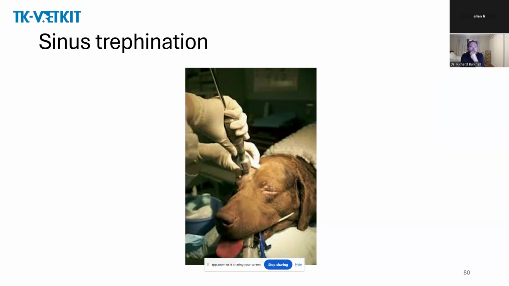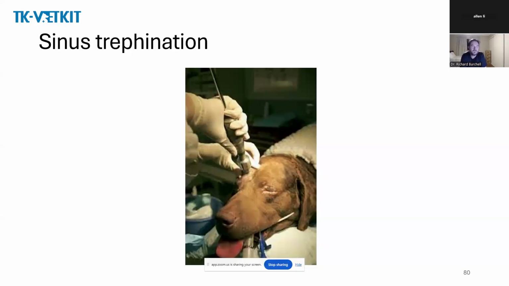Basically, you go in between the midline of the dog's head and align with the lateral canthus, or the outside of the eye, and you go about 0.5 centimeter to 1 centimeter in from the midline. There are plenty of resources on YouTube, on the internet, on AI that give you the landmarks for these. In actual fact, normally the landmark that you calculate is actually a little bit rostral.